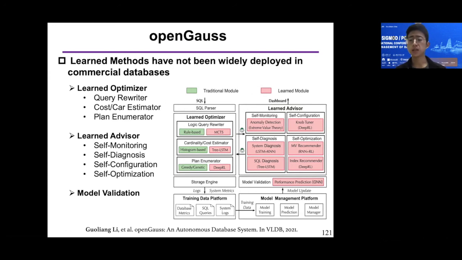They build an autonomous database framework and integrate their proposed learning-based database techniques into the open source database system, like the learning-based query rewriter, the cost estimator, and the plan enumerator. And for the outside maintenance, they also support the self-monitoring, self-diagnosis, configuration, and optimization. Besides, they also devise an effective validation model to validate the effectiveness of learning models.